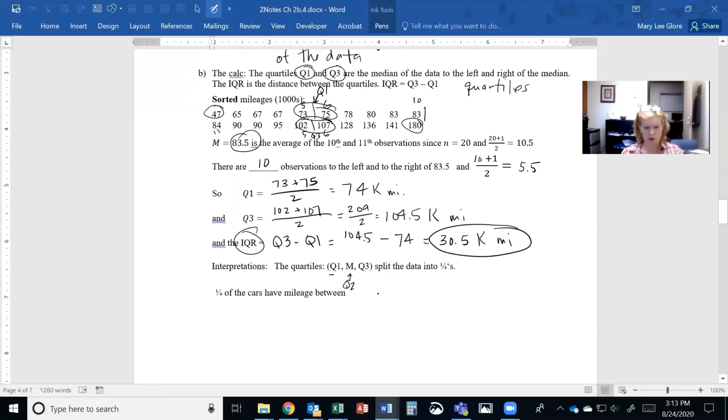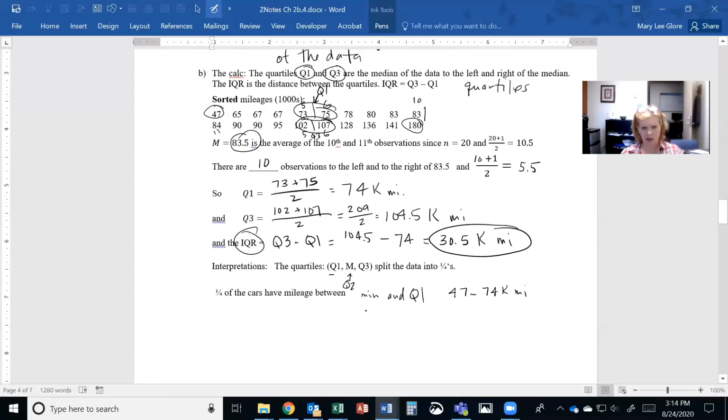So we've got a fourth of the cars between the minimum and the first quartile, which is 47 to 74,000 miles. So there were 20 cars, so I'm going to have 5 cars between 47 and 74,000 miles.